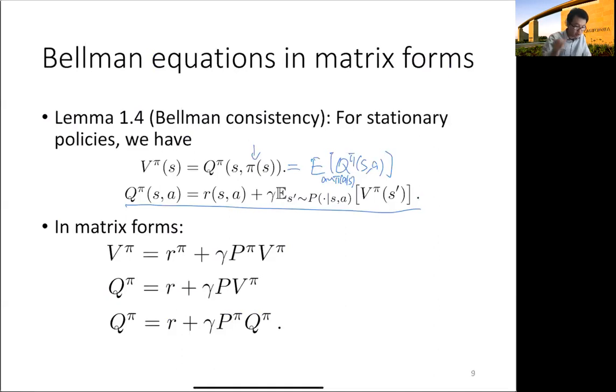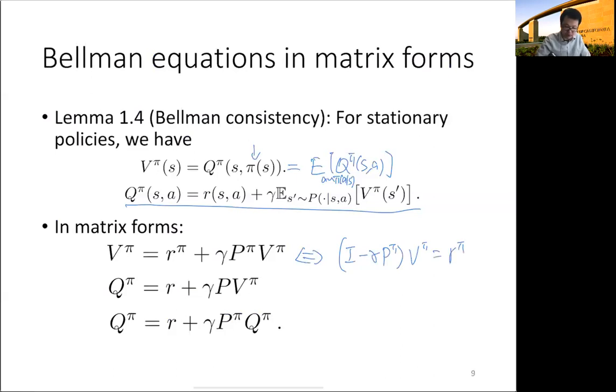So what I wanted to say is that this matrix form is actually quite nice, because then you can work out the closed form solution for these values. Say the first equation. It is the same as if you group the V pi vectors together, you get I minus gamma P pi times V pi is equal to R pi, right?